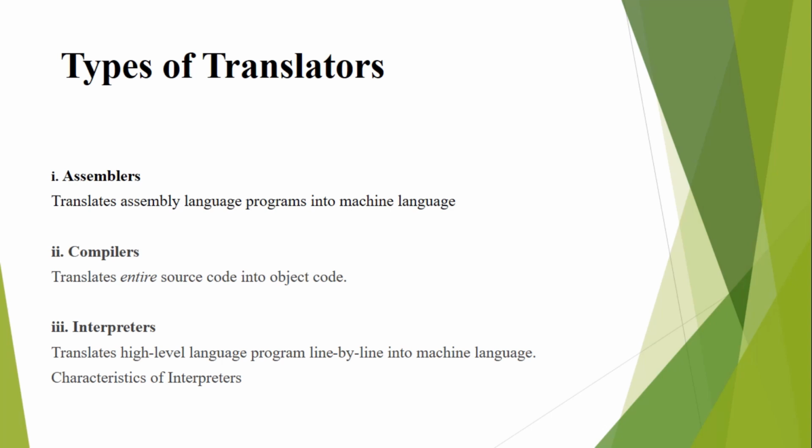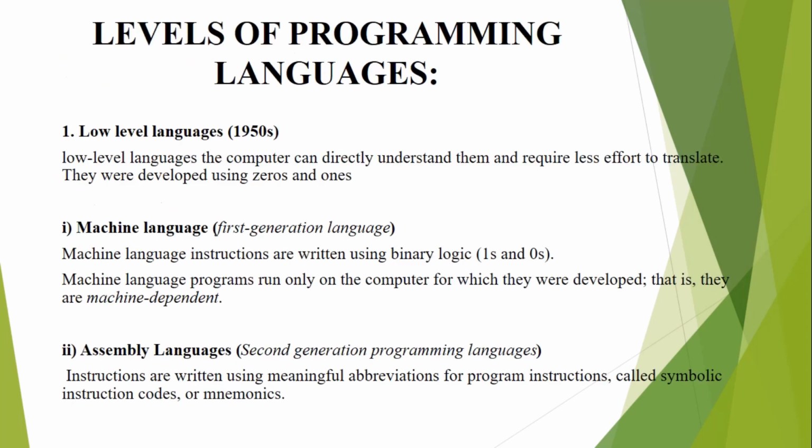I would like us now to look at the levels of programming languages. In short, we have only 2 levels of programming languages, and inside the levels they are further classified into what we call generations.